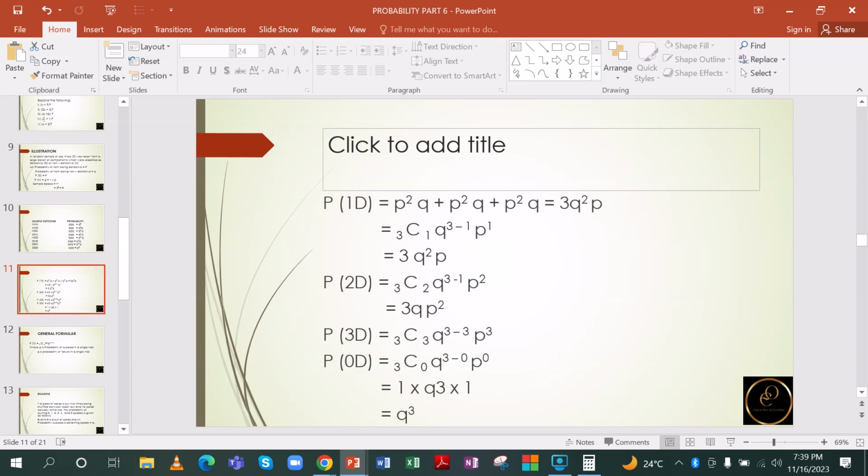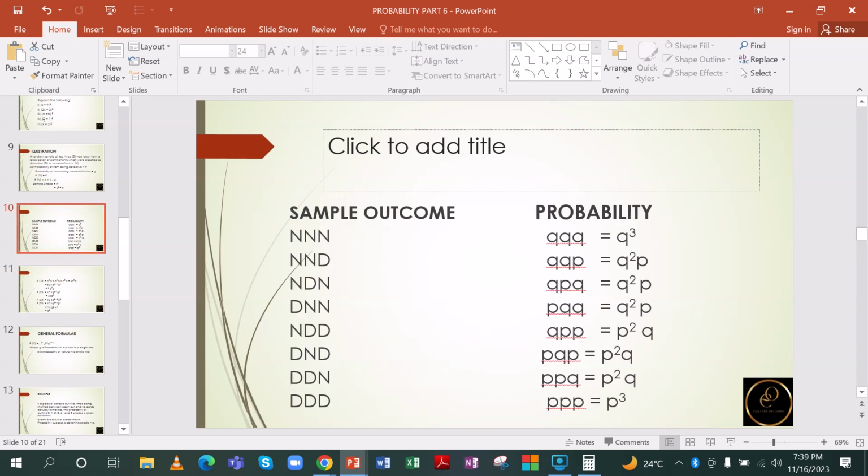One defective is either this one or this one. So what is the probability? We ended up having Q cubed P.